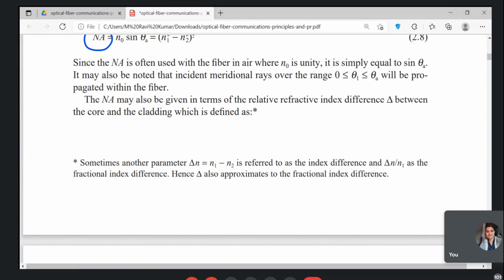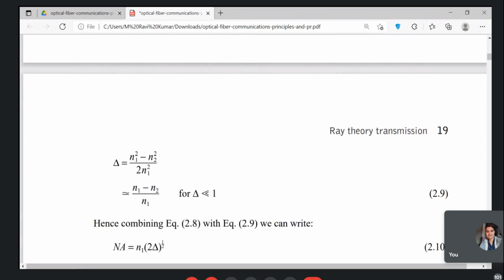Now there's an interesting term, which is the relative refractive index difference, and the symbol used is delta for this. The relative refractive index difference is usually given by this expression, n1 square minus n2 square by twice of n1 square.